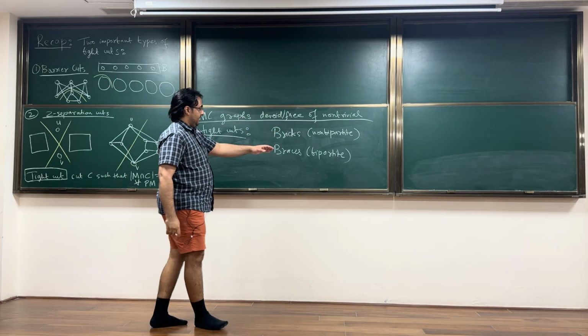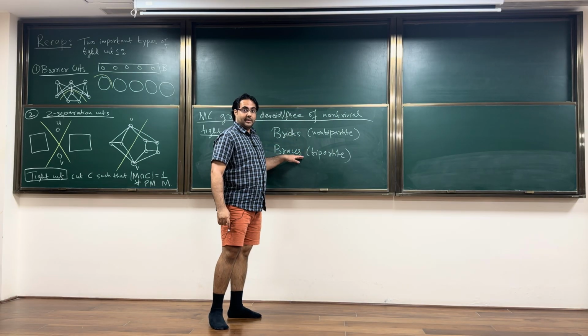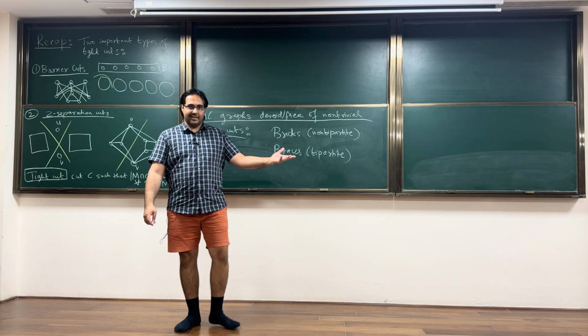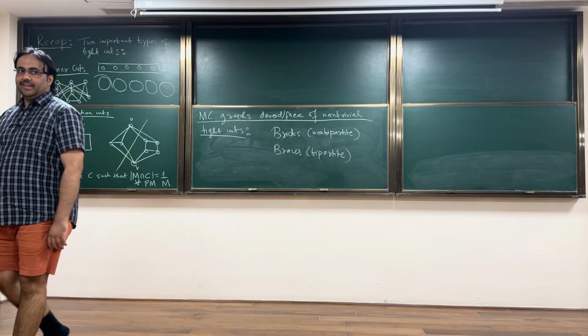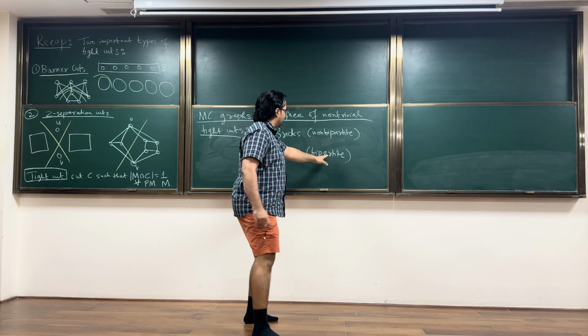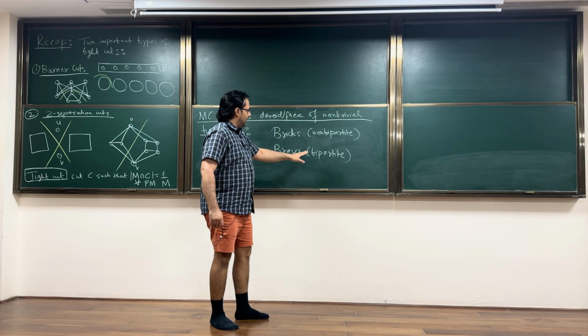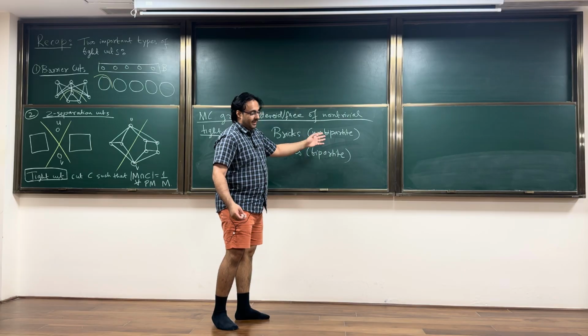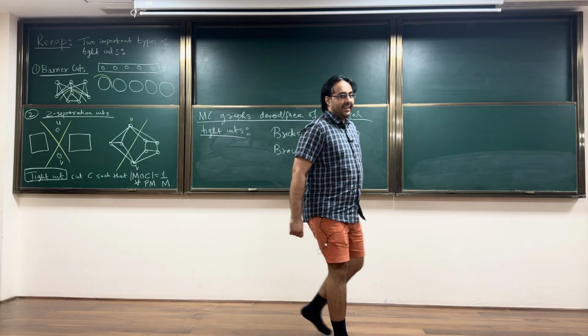Typically you would say braces and bricks, bipartite first, non-bipartite next, but that doesn't sound as nice as bricks and braces. So we say bricks and braces. And people have often asked me, why are the bipartite ones called braces? Shouldn't the bipartite ones be called bricks and the non-bipartite ones be called braces? Well, here is an explanation.